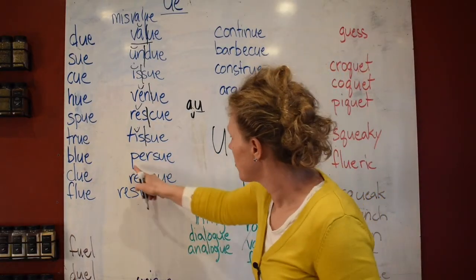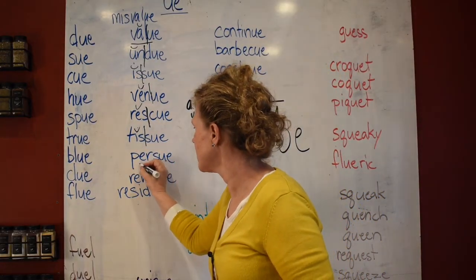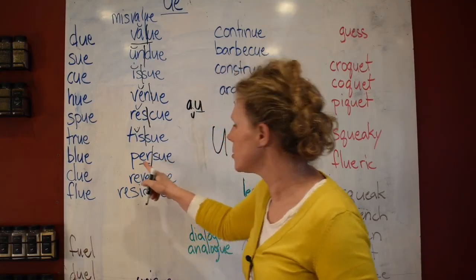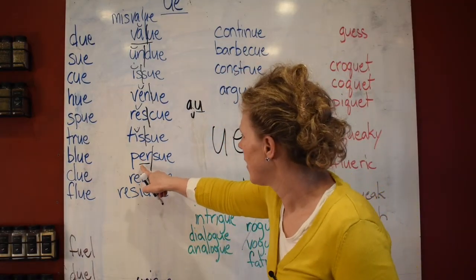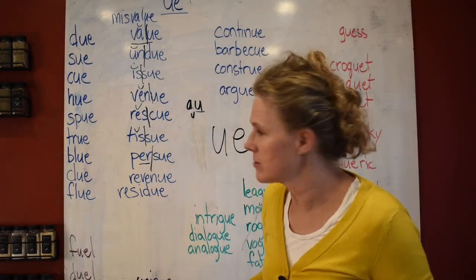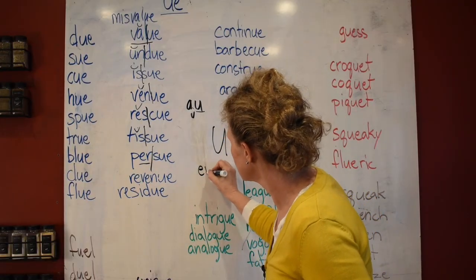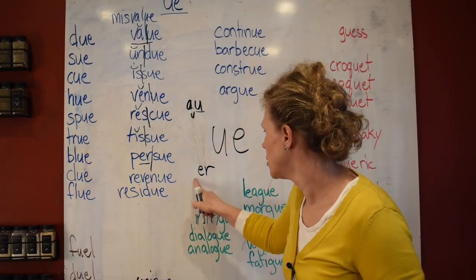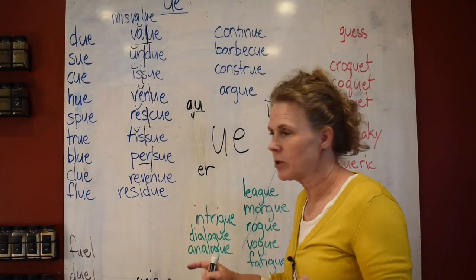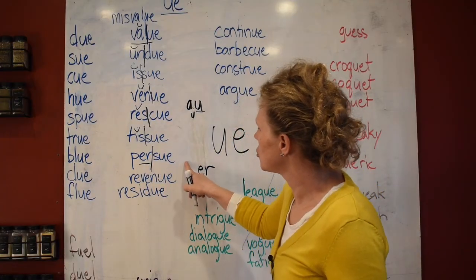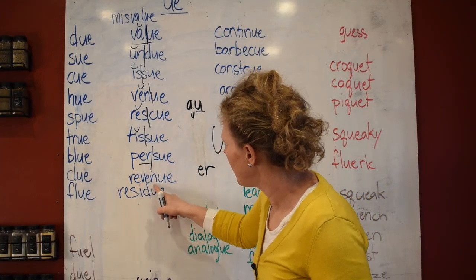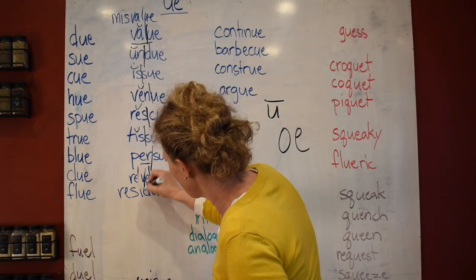Pursue. Now this right here is a vowel R syllable, and we'll go over vowels and then R's. They say different sounds, but this ER says er, so you can read that. Pursue. Revenue.